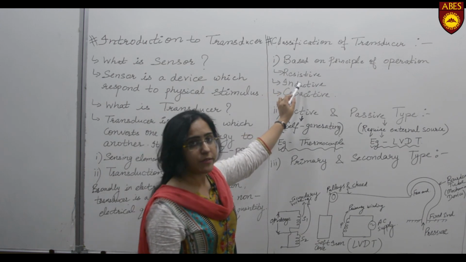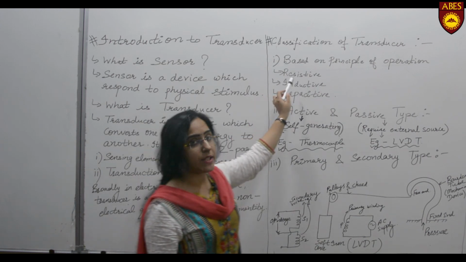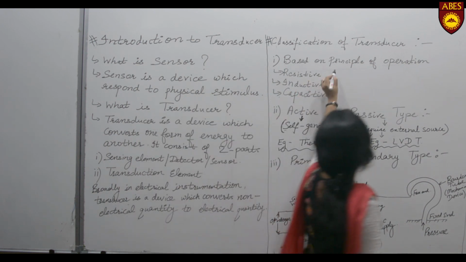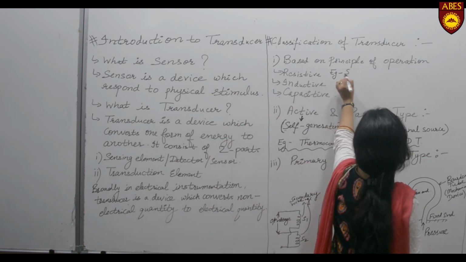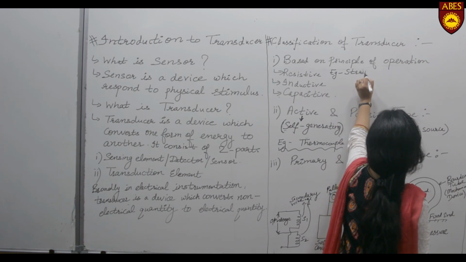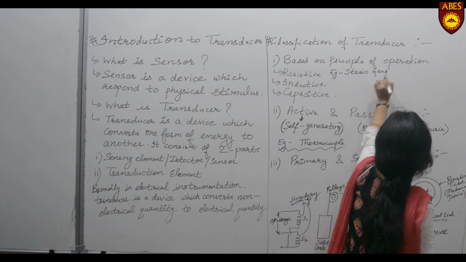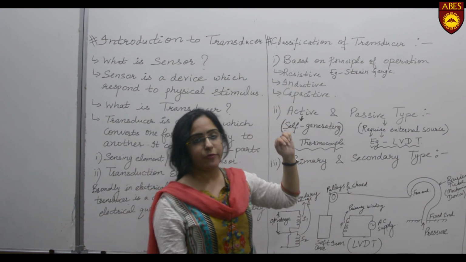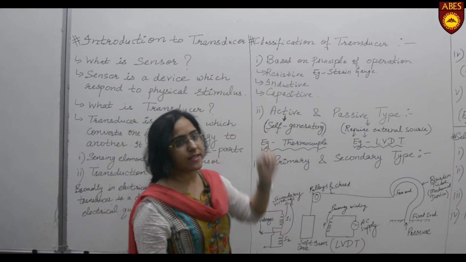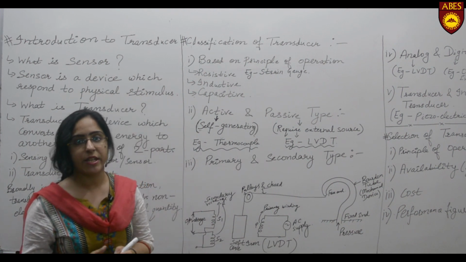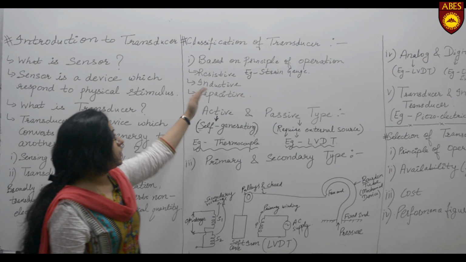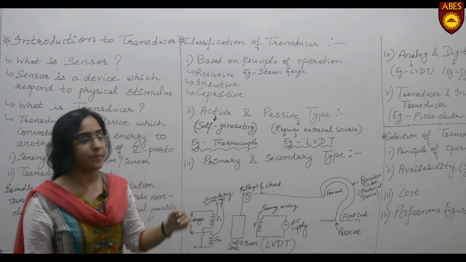If it is resistive, then an example of a resistive transducer is the strain gauge. In the strain gauge, when an external force is applied, the resistance of the wire changes. So with the change in the resistance, there will be a change in the voltage.